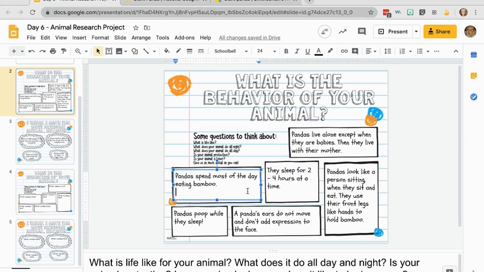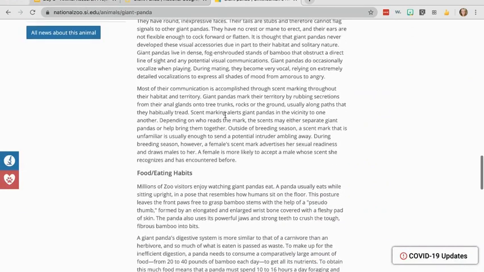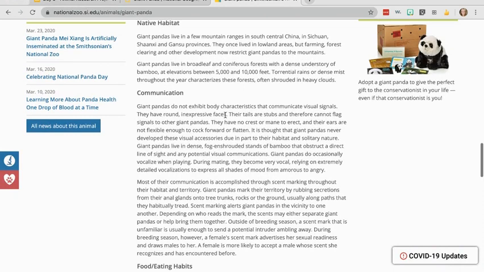Okay, so now I just have one more fact I need to plug in here. So I'm going to revisit the Smithsonian website. Oh, communication. That might be a good behavior to share. I'm just going to read through that. Giant pandas do not exhibit body characteristics that communicate visual signals. They have round, inexpressive faces.